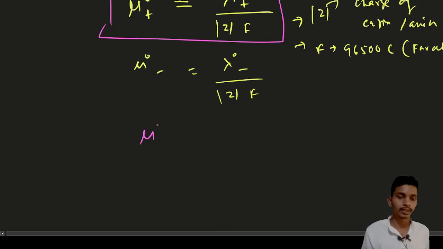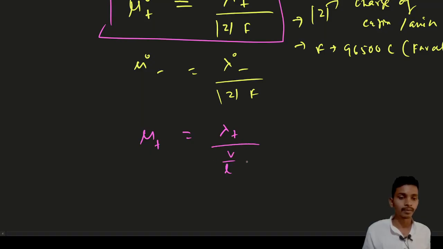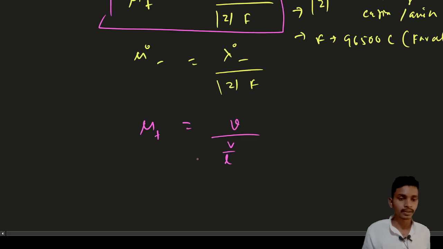Also ionic mobility of cations at any concentration is equal to ionic conductivity upon V upon L, where V is speed and this is potential difference.